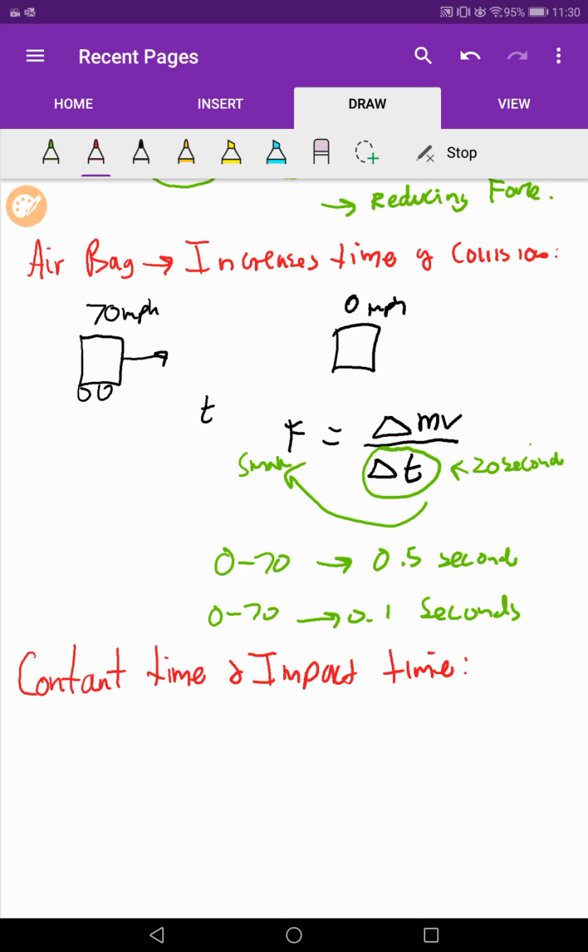If objects collide or bounce off each other, they are in contact for a certain time, right? So if we've got car A going this way, and car B going this way, and they collide and bounce off each other, there's a certain time that they are in contact with each other, and that's the same for both objects.